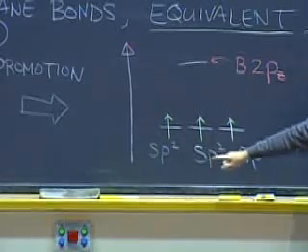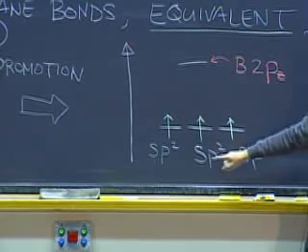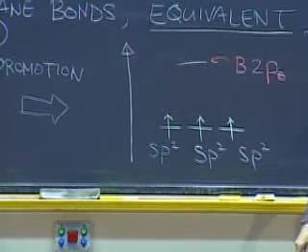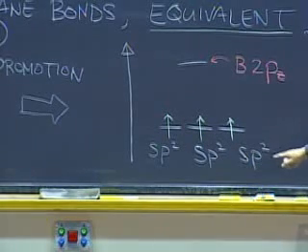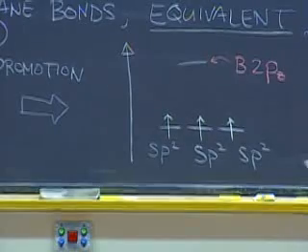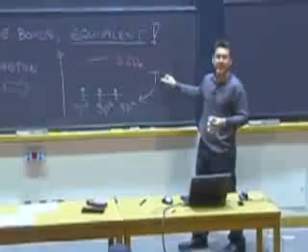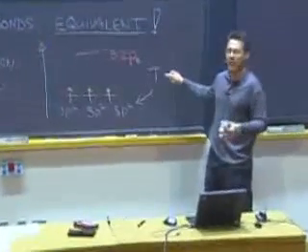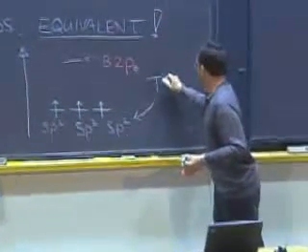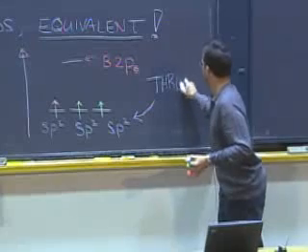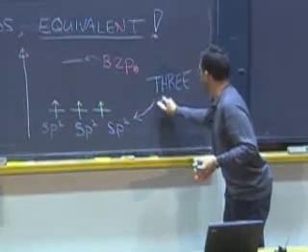And if we do this correctly mathematically, these will have the right orientation in space to be hybrids that have proper directionality for good overlap with our hydrogen 1s orbitals. So these are going to be 3 equivalent hybrids.